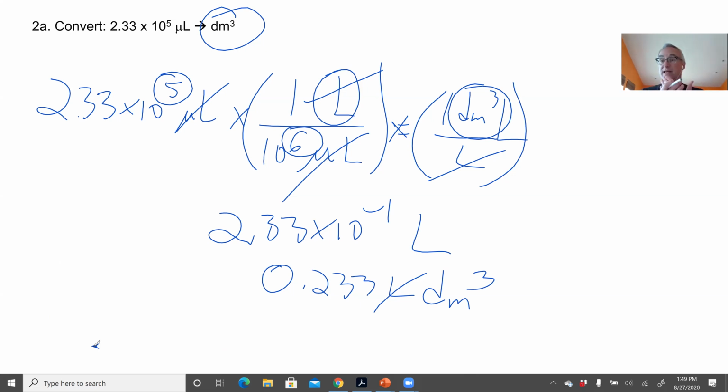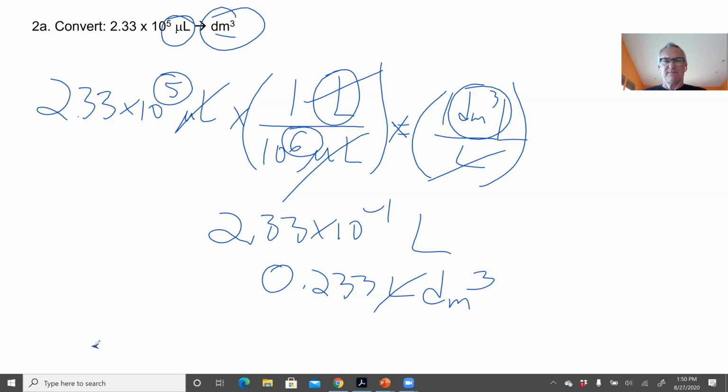But in order to do it, you have to see what the relationship is between volume and length. Our volume is liters and the length is decimeters. So we have to figure out some way to convert a cubic length to a volume. That's the first thing we did here.